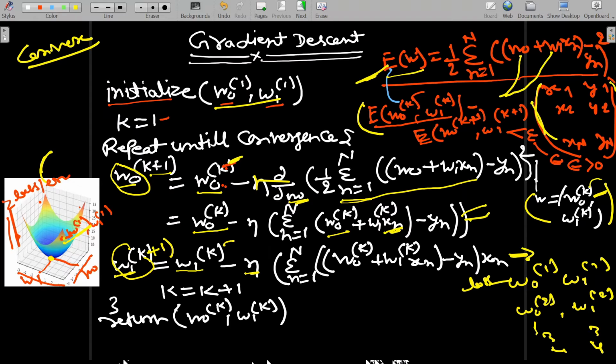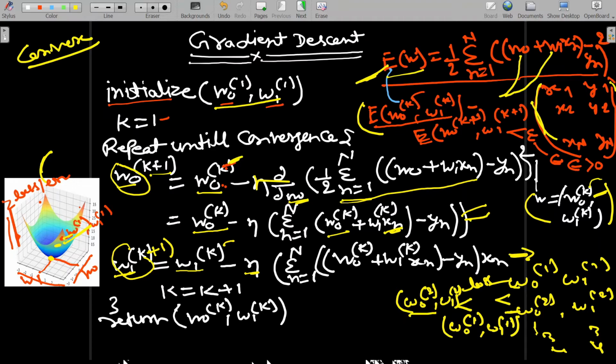There is some point, this is the point. If you go to W0_2 and W1_2, you will come somewhere, let's suppose here. So the loss of this one would be lesser than this. That means the loss at W0_2 W1_2 would be less than at W0_1 and W1_1.